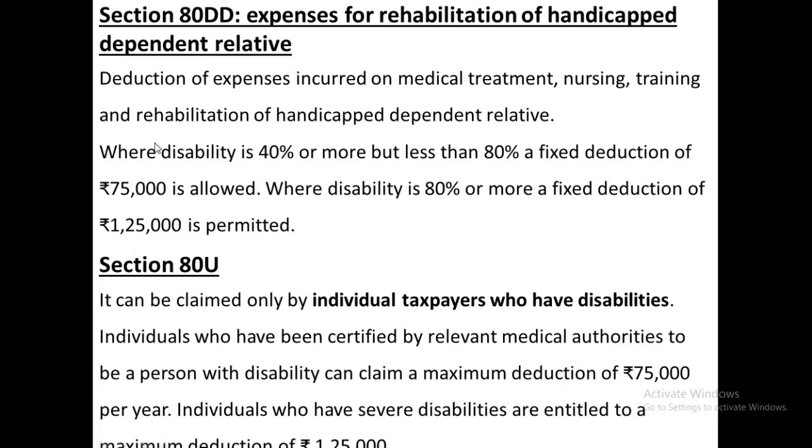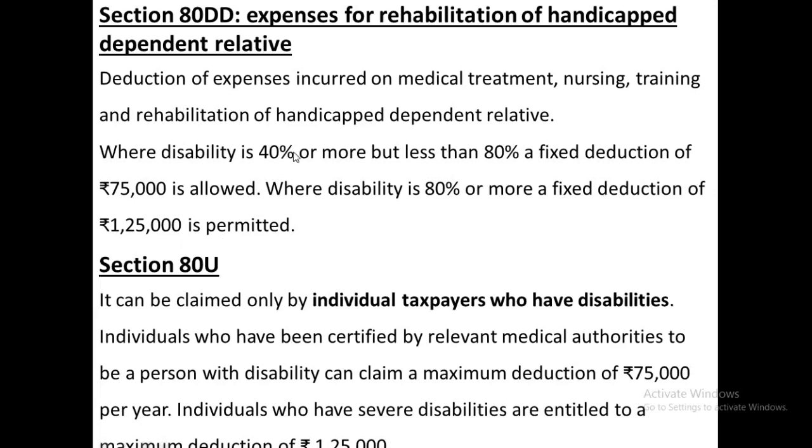The amount of deduction depends on the percentage of disability. Where the disability is 40% or more but less than 80%, a fixed deduction of rupees 75,000 is allowed. Where the disability is 80% or more, a fixed deduction of rupees 1,25,000 is permitted.